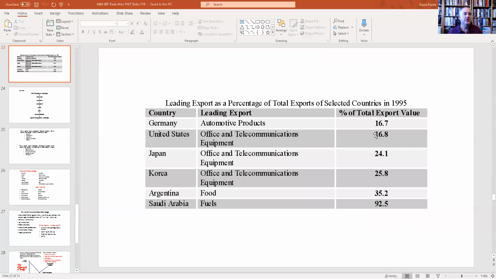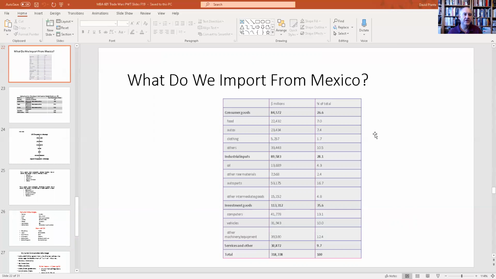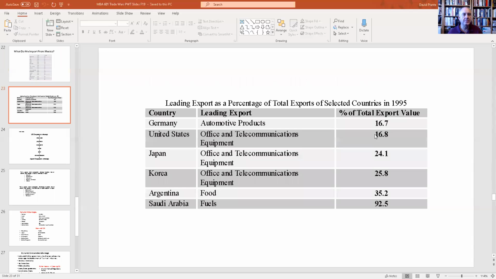Okay. Now, thinking about comparative advantage, this is looking at the leading export from different countries. You get a feel for how diversified a country's exports are by looking at their leading one. You look at Germany, and it's pretty diverse. Their leading one is about 17%.